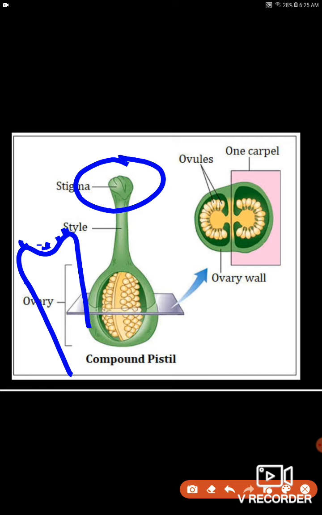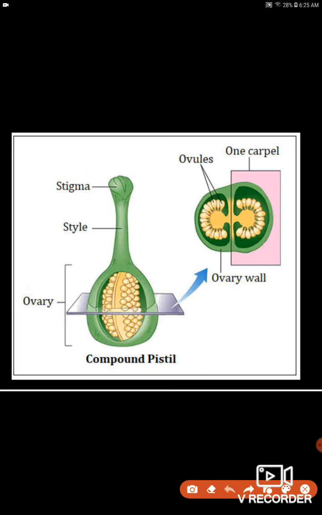What is the main function of stigma? They are adapted to receive the pollen grain. Here the pollen grain will come and attach. So that's why sometimes it is sticky and feathery, so that pollen grain can stick, adhere here, or be trapped in the feathers.